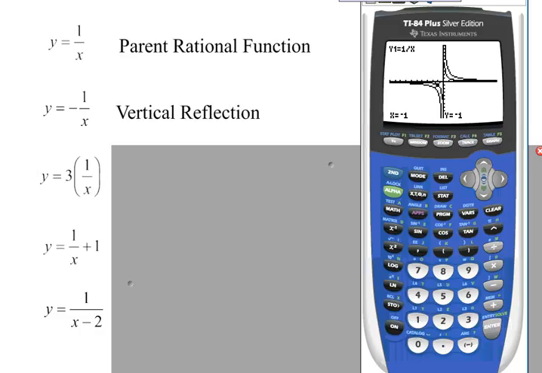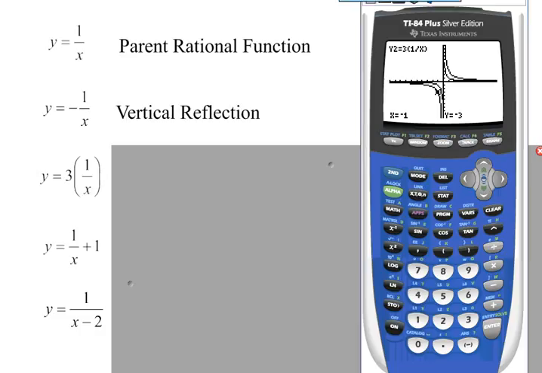Well, let's go to the other graph, y2 now, and let's type in 1 for x and see what y value we get. 3. So the point 1, 1 has changed to the point 1, 3. Let's type in negative 1, and we get negative 3. So the point negative 1, negative 1 has changed to negative 1, negative 3. This is showing us that there's been a vertical dilation by a scale factor of 3.